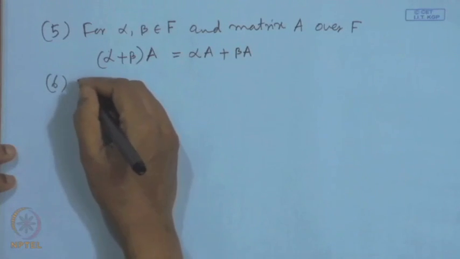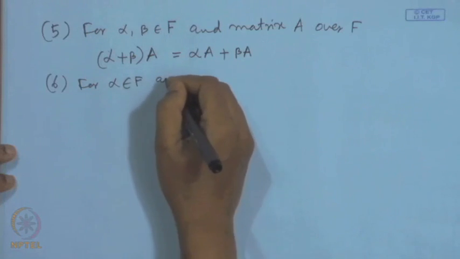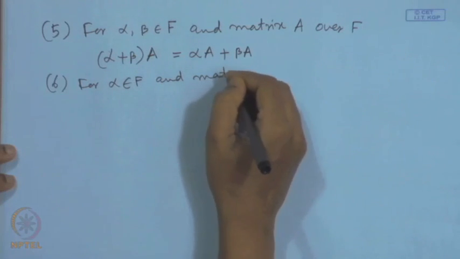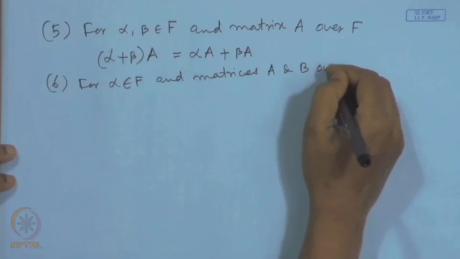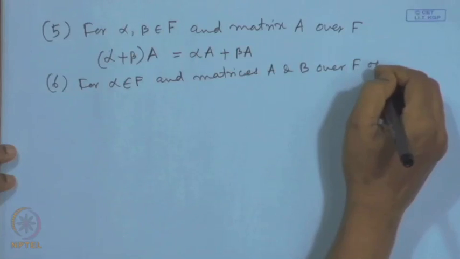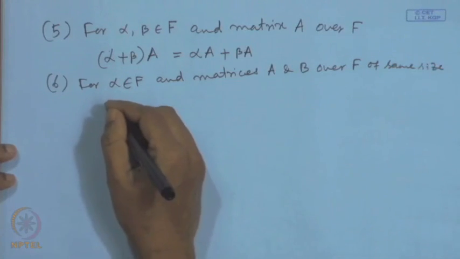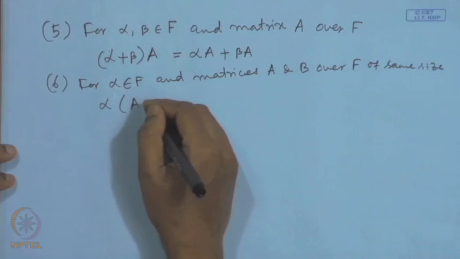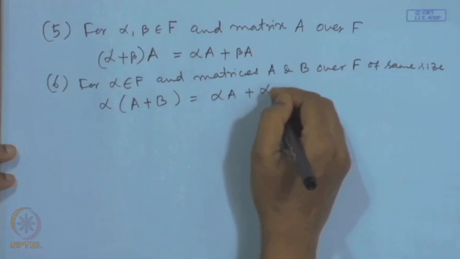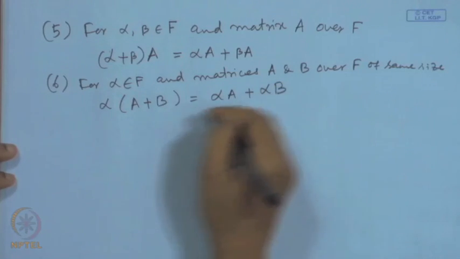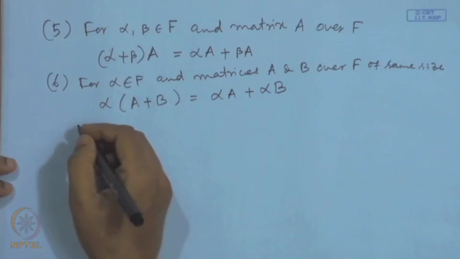And here for alpha in F and matrices A and B over F of same size, alpha into A plus B is equal to alpha A plus alpha B, or in other words the scalar multiplication is distributive over matrix addition.